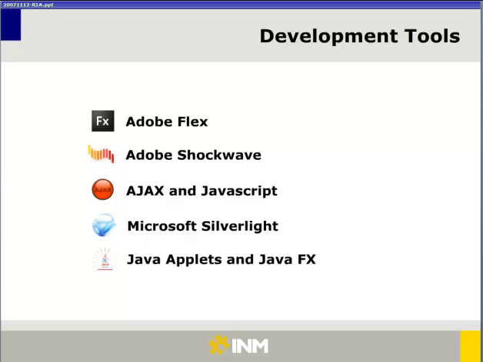Java applets require the user to have the Java virtual machine, or you may have seen on your system a small little coffee cup that shows up in your system tray from time to time. It requires a piece of software on the client side in order to work nicely, and it's one that changes fairly frequently and can be difficult to maintain and update. So Java applets have been used in some cases for rich internet applications, but they're not heavily used.